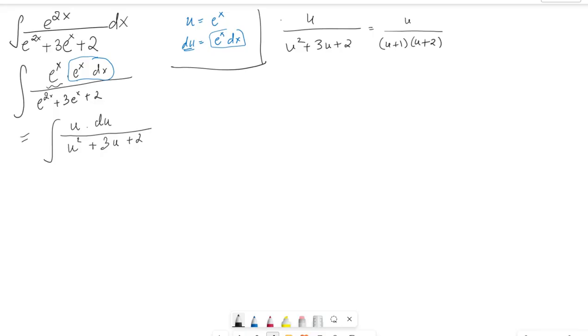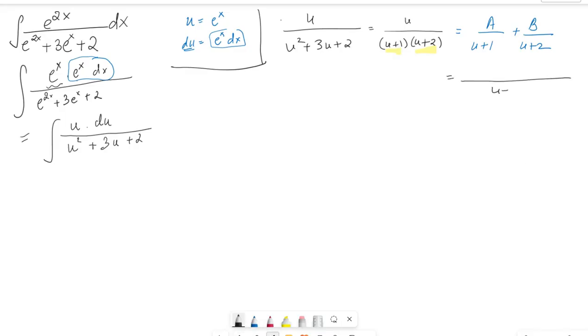This becomes a partial fractions problem because our integrand is now in fraction format. If you notice, the denominator is two linear factors which are not repeated. So this can be written as a divided by u plus 1 plus b divided by u plus 2. Only difference is now the variable is u instead of x.